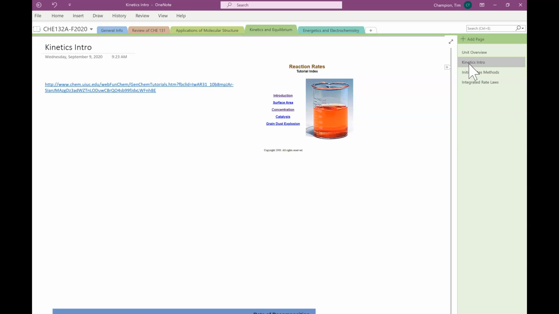The reaction rate thing, you see the image of it to the right there, has a nice little introduction to reaction rates and covers a lot of areas, and I think you'd really benefit from going through that if you get a chance. So the link is at the top of the page there. That link is also on our Canvas page.